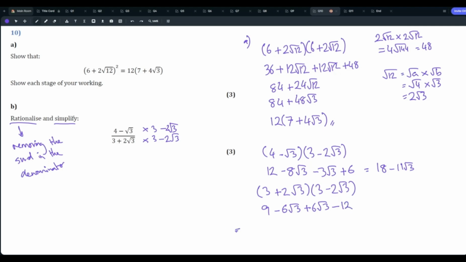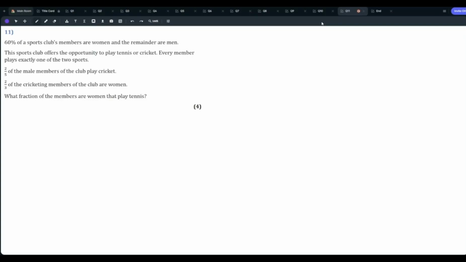Now I'm going to bring them together in the fraction. So 18 minus 11√3 all over minus 3. Before I continue, these do cancel, which is good because that's the whole point of rationalizing. So it becomes minus 3. And that is done.